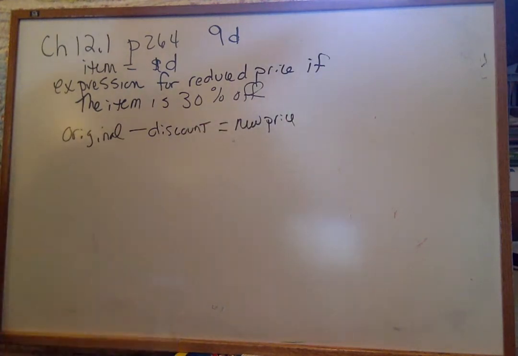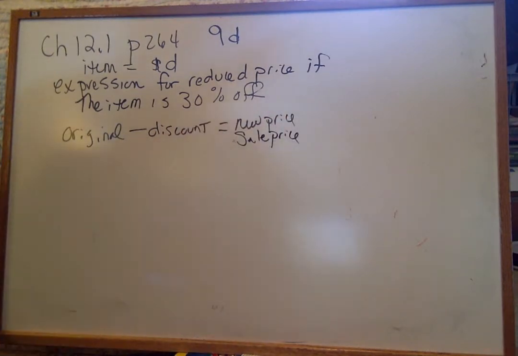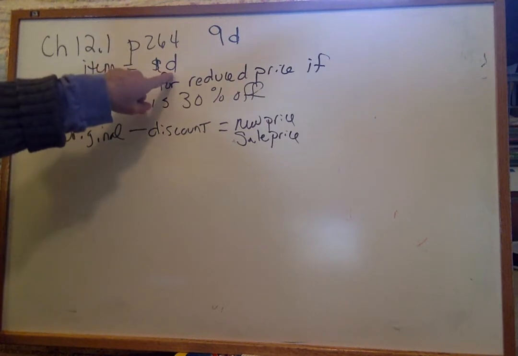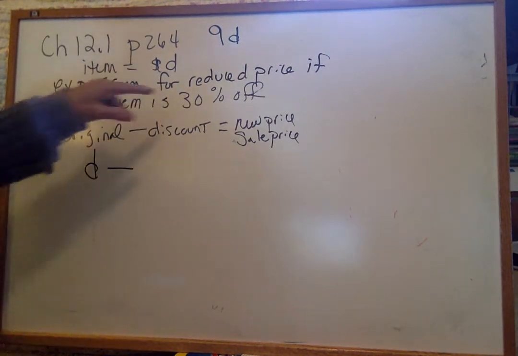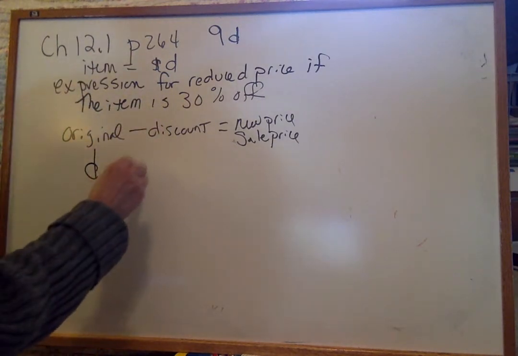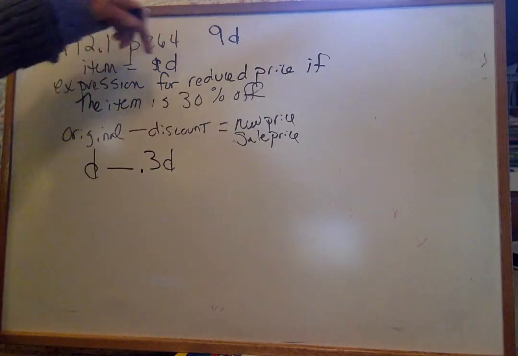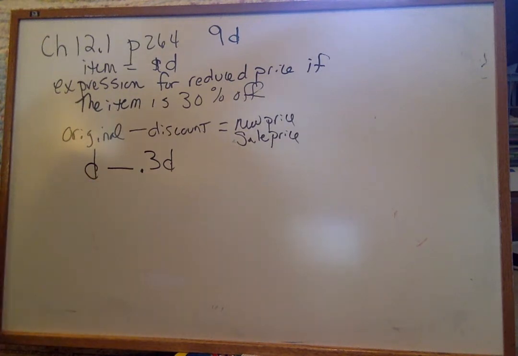The sale price, what you're actually going to pay. All right, they said for us to use D as the variable, minus, well, 30% of D, that's what they're going to take off, right? 0.3D. Remember, just like we did with probability, percents always have to be turned into decimals.